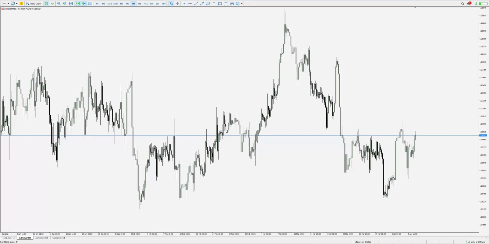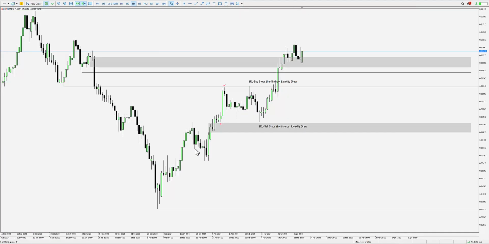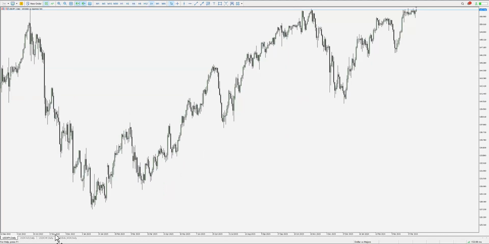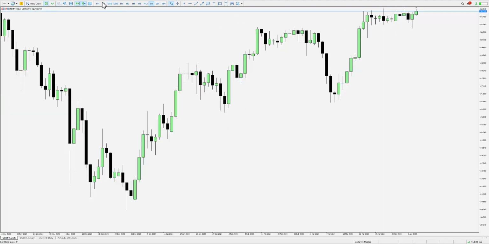So this week I'm bearish on dollar and I'm bullish on fiber, cable, Aussie and New Zealand dollar. And I'm bearish also on USD CAD, USD CHF and UJ. UJ has been trapped a bit in that range there.